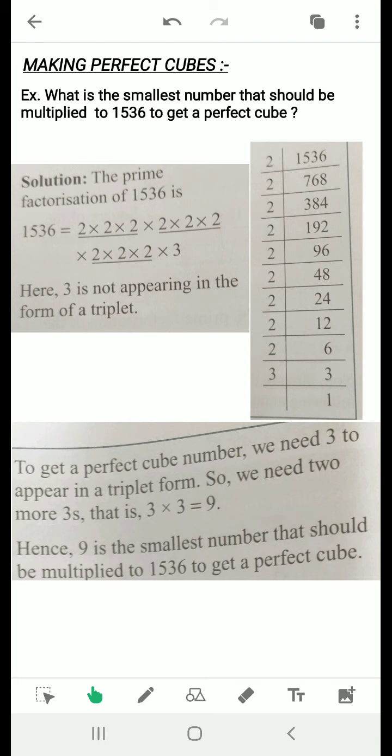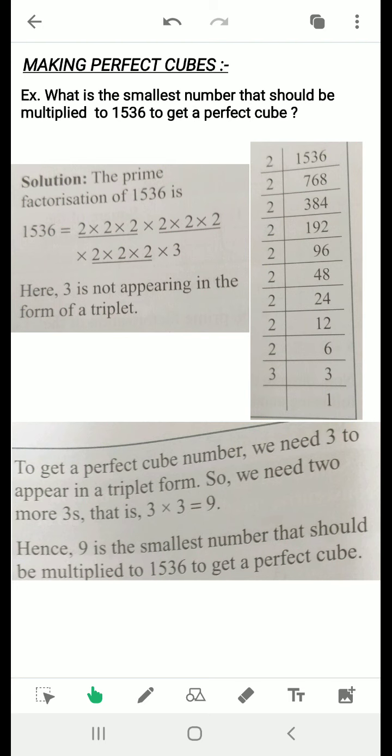Okay, so now how to make it a perfect cube? If we need to make this number a perfect cube by multiplying it, then we require 2 more 3's. Our question was, what is the smallest number that should be multiplied to get a perfect cube? As we have done in the case of squares and square roots also, what is the smallest number by which it should be multiplied to get a perfect square, or by which it should be divided to get a perfect square.